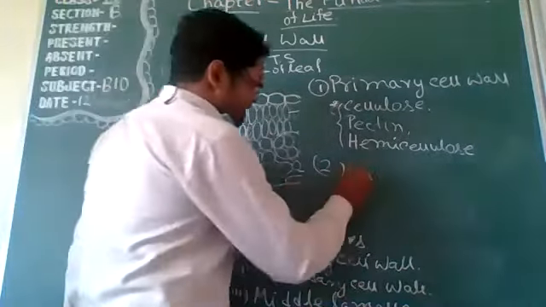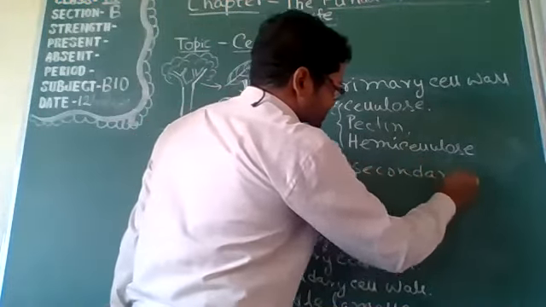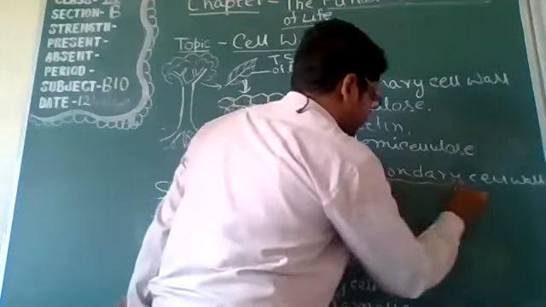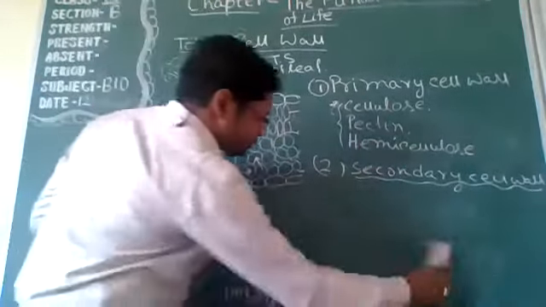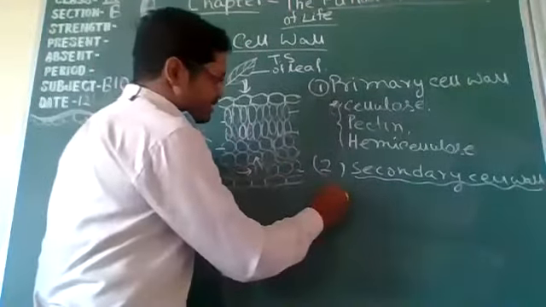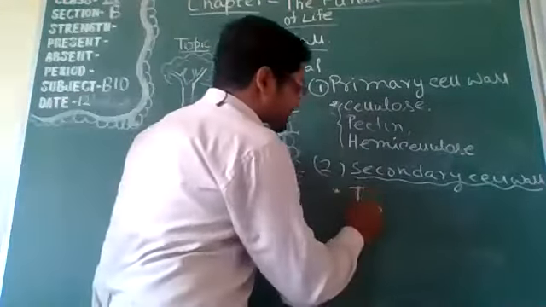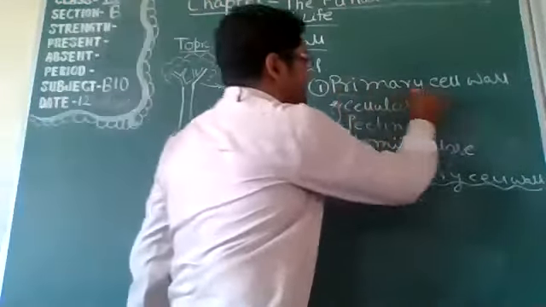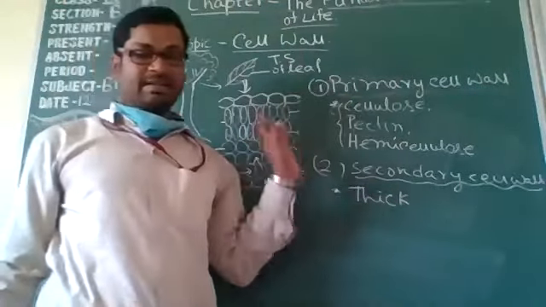Secondary cell wall is thick. Number one point: it is thick. Primary cell wall is thin, but secondary cell wall is thick.